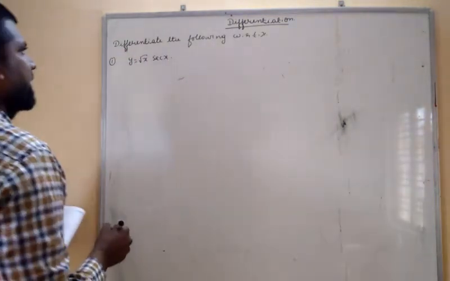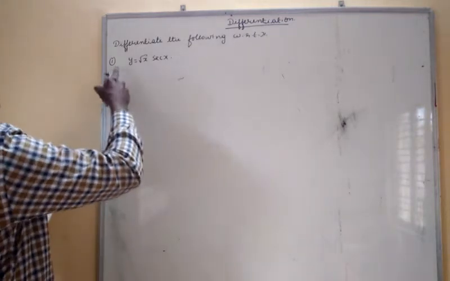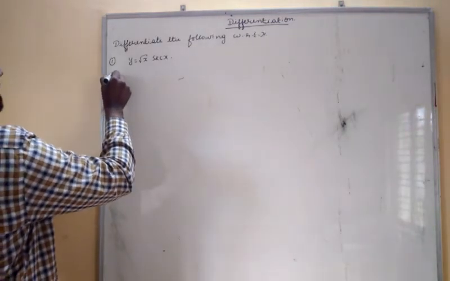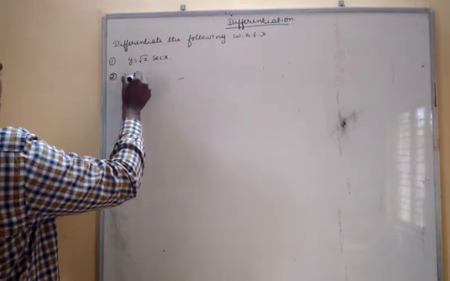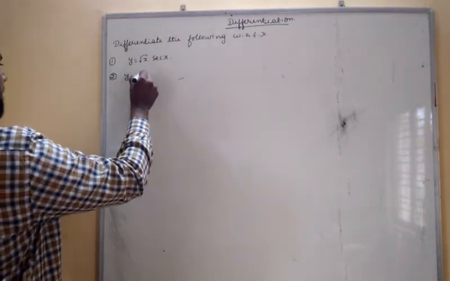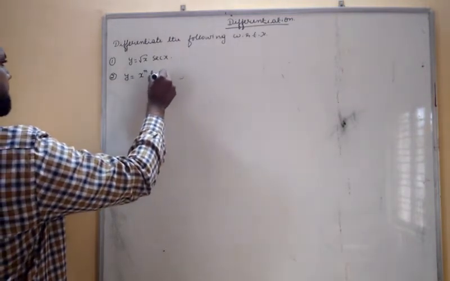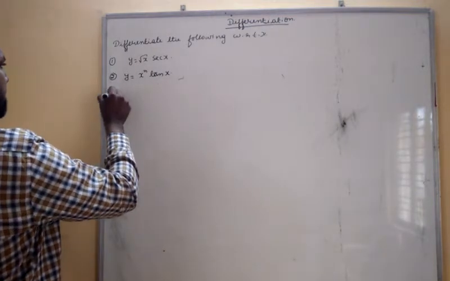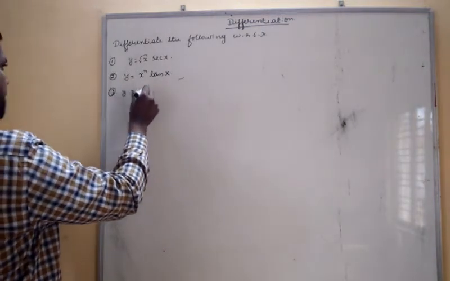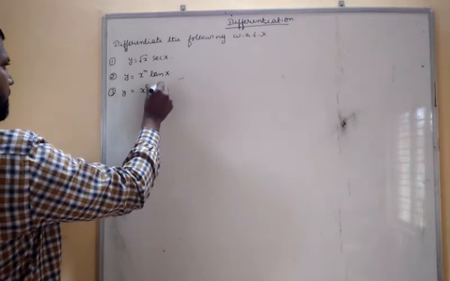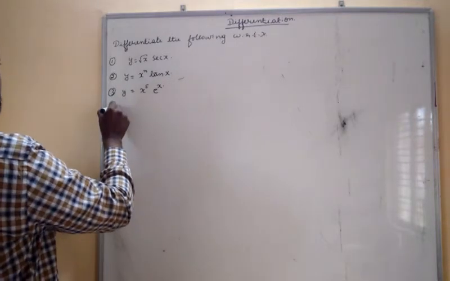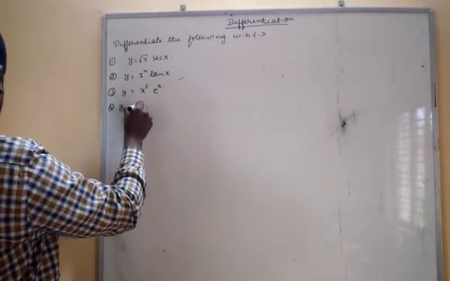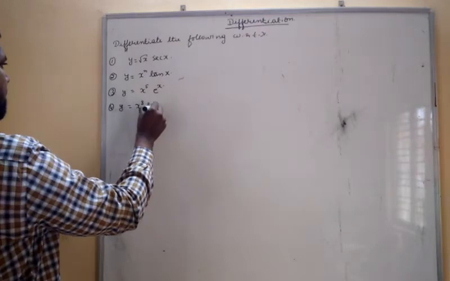First, differentiate the following with respect to x. The first one is y is equal to root x secant x. Second one, x to the power of n tan x. Y is equal to x to the power of 5 e to the power of x. X to the power of 8 log x.